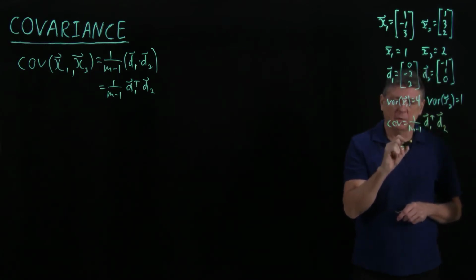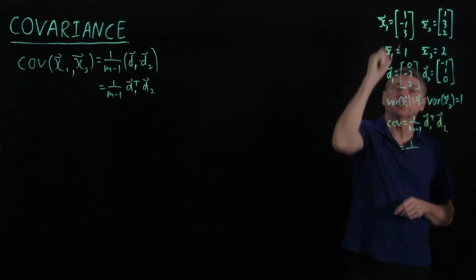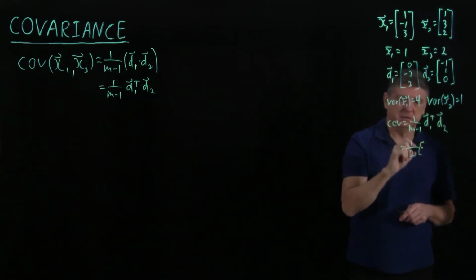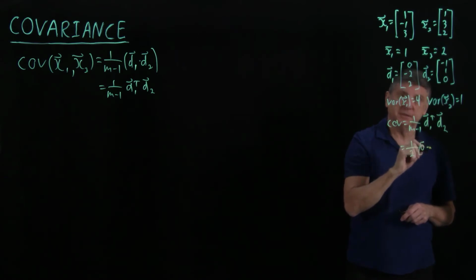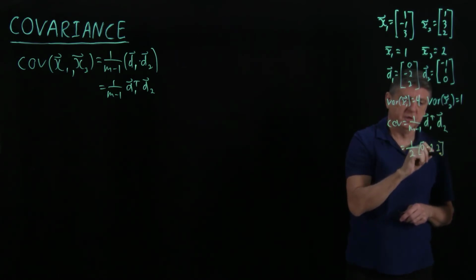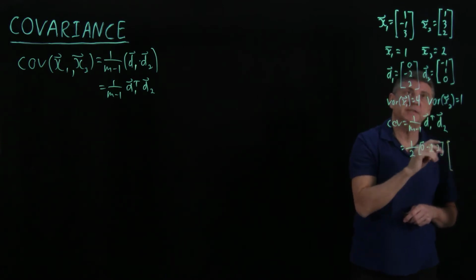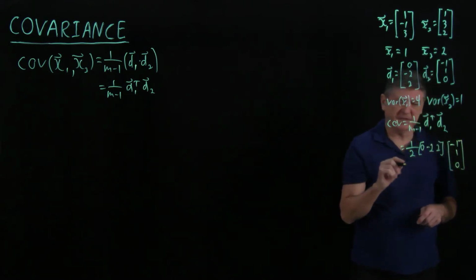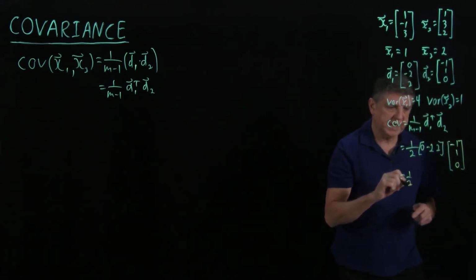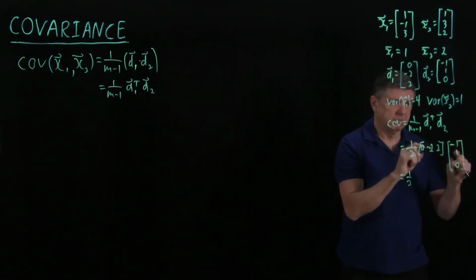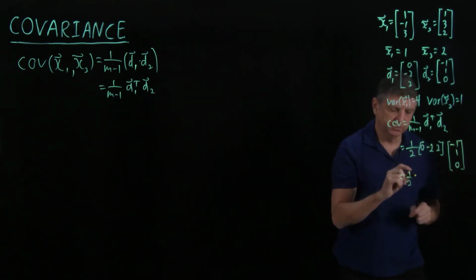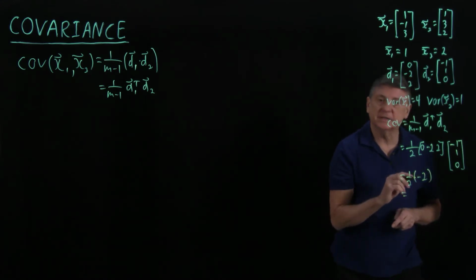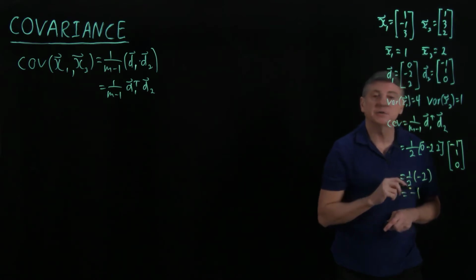Here m is 3, so m minus 1 is 2, and then I'll put these into a row and then put these into a vector. Now when I do that multiplication, that's 1/2 of 0 minus 2, 2, so minus 2. So the covariance of these data is minus 1.